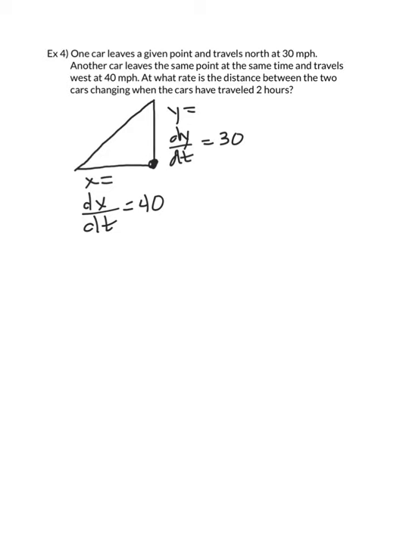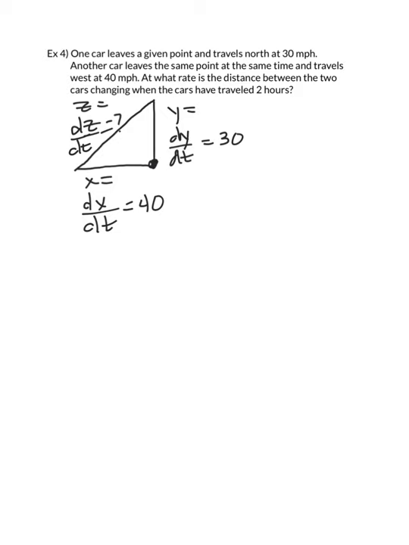Because it's asking me the rate of change for this distance between them, that means that the derivative of this side is what I'm looking for. And the variable for our hypotenuse is going to be z. This is still a right triangle problem, but this time all 3 of the sides are changing, and so all 3 of the sides get variables.